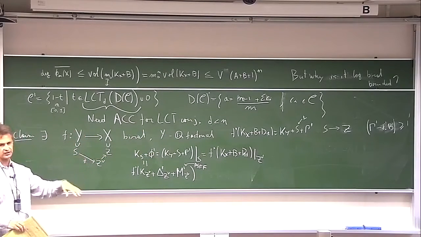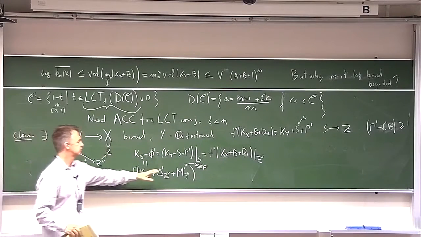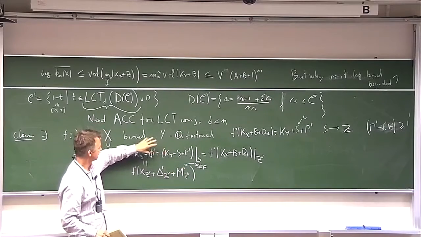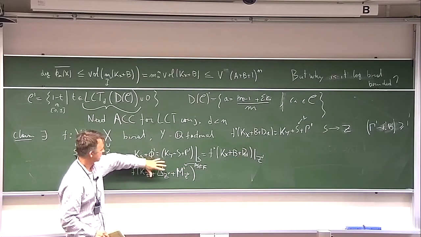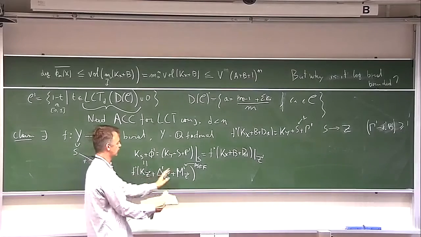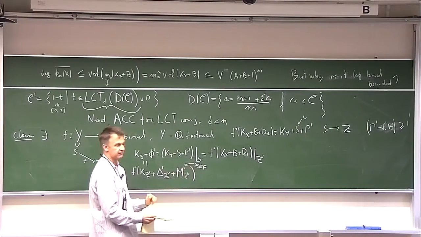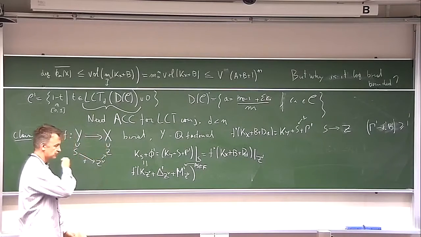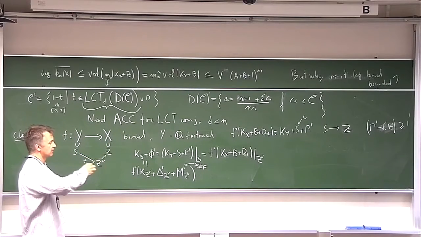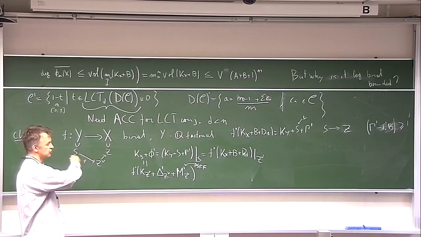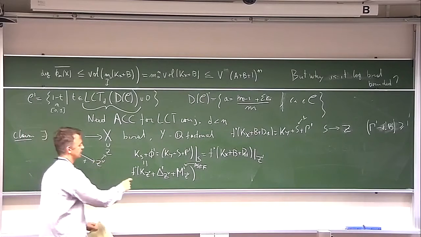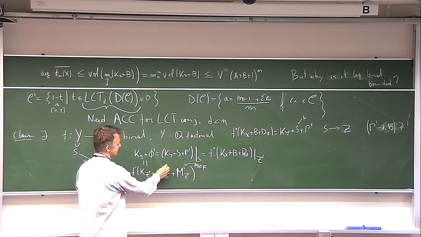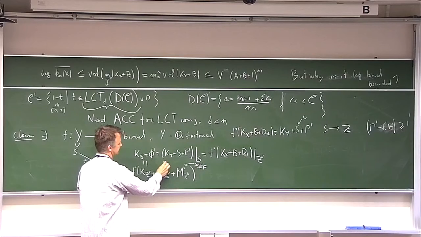And we're going to discard it. Being pseudo-effective automatically tells you that the volume of the whole thing is greater or equal to the volume when you forget the pseudo-effective divisor. So this is benign. It's the contribution from the moduli problem on some higher model, which is always an F divisor, so in particular pseudo-effective. This is the divisor that measures the singularities.